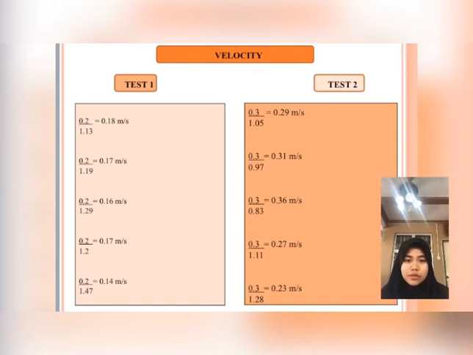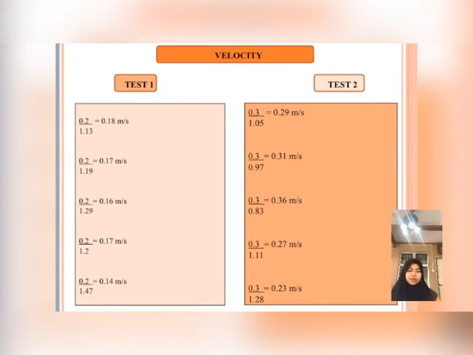Okay, 0.2 divide 1.13 equals 0.18. 0.2 divide 1.19, the equal is 0.17. 0.2 divide 1.29, the equal is 0.16. 0.2 divide 1.2, the equal is 0.17. Last, 0.2 divide 1.47, the equal is 0.14.